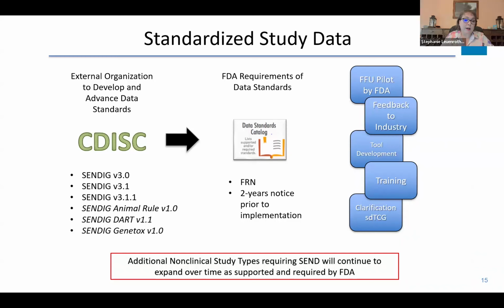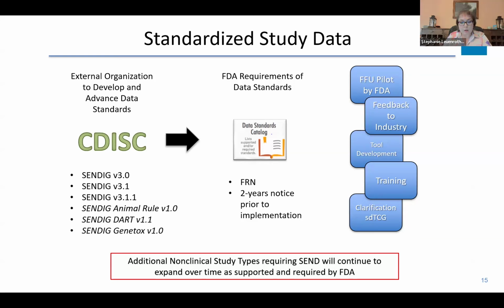So if FDA decides to place this on the catalog, there's a lot that needs to happen. We need to publish a Federal Register notice, it needs to go onto the catalog, and based upon certain dates, there's probably around 2 years notice to industry and to everyone that this is a standard that we will be adopting, and it will clearly list the date when that requirement will be in place.